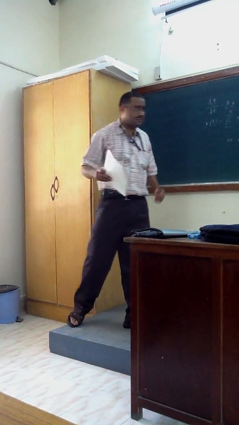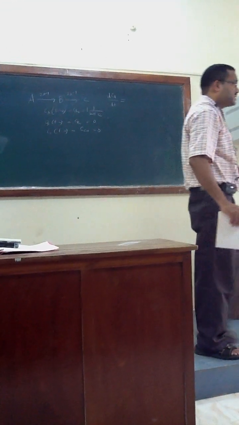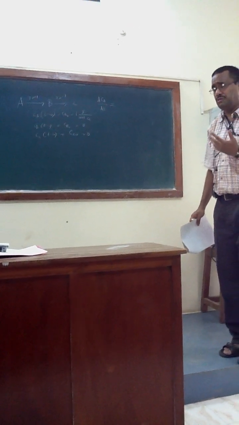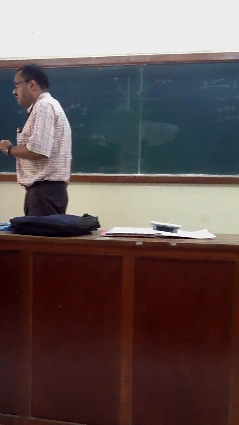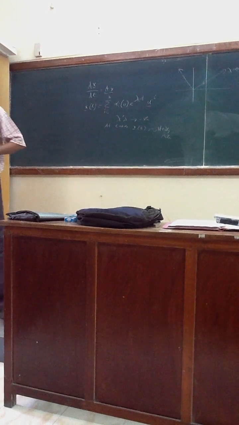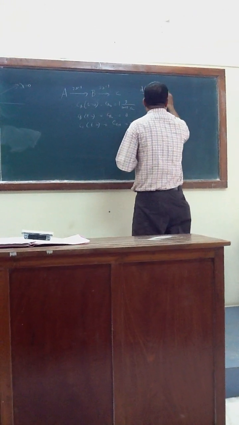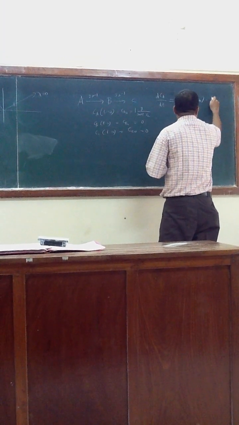See, I'm telling you what mistake you are making. You are saying CA0 minus CA and minus K1 CA. You are not thinking about the units at all. K1 CA has one unit, but CA0 minus CA is a different unit. How can you subtract two different units? Divided by tau, the residence time. So it is (CA0 minus CA) divided by tau minus K1 CA.